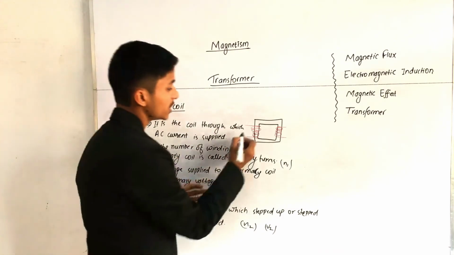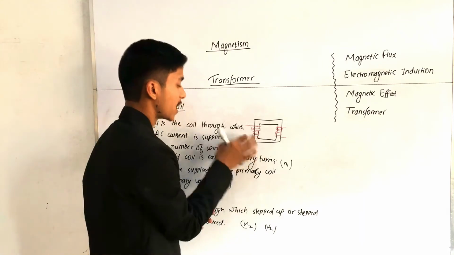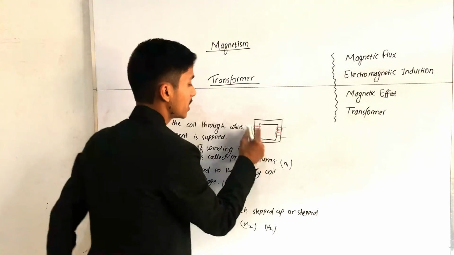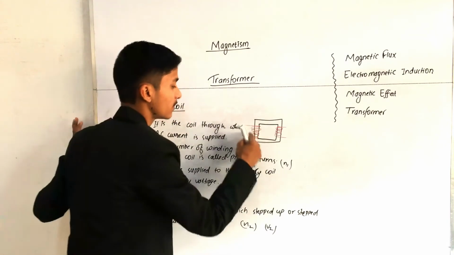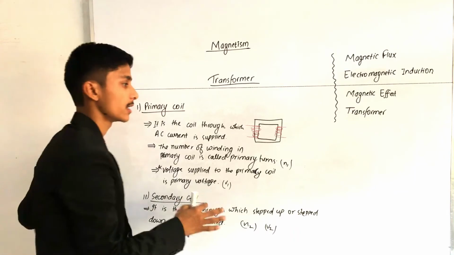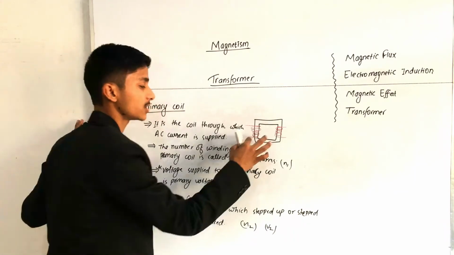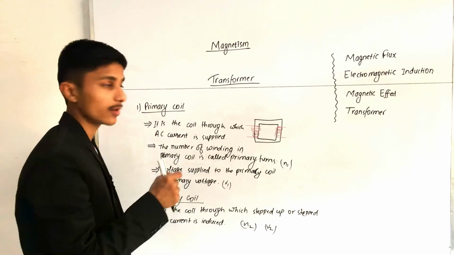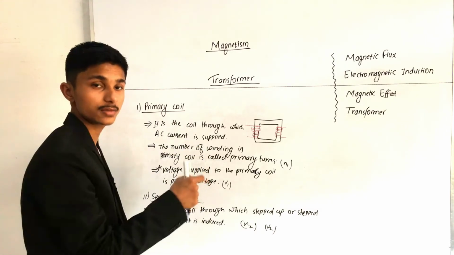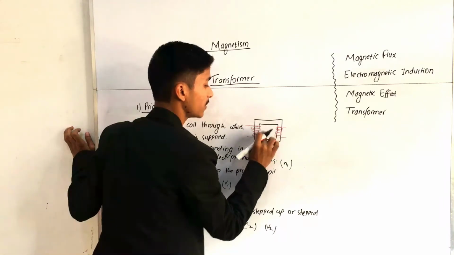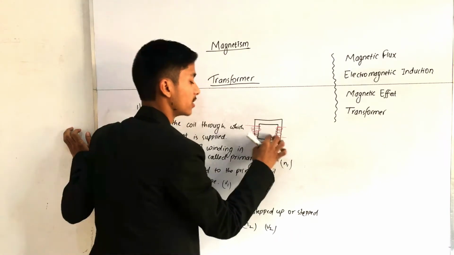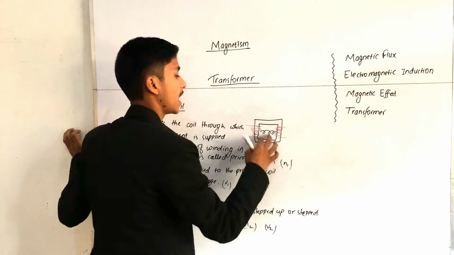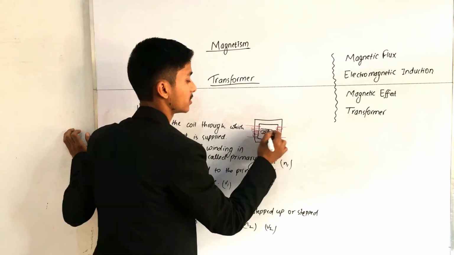When voltage is transferred to this primary coil, the magnetic lines of force change, its magnetic field also changes, and due to this change in magnetic field, magnetic flux changes, and when magnetic flux changes, then EMF is induced.